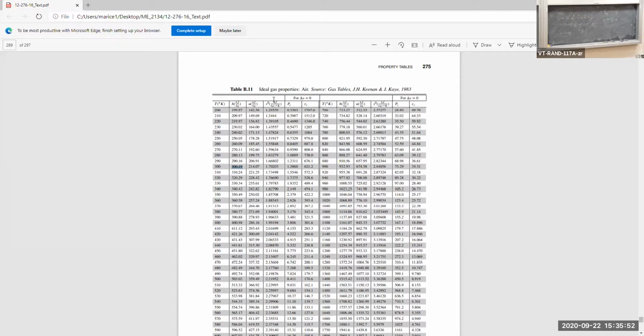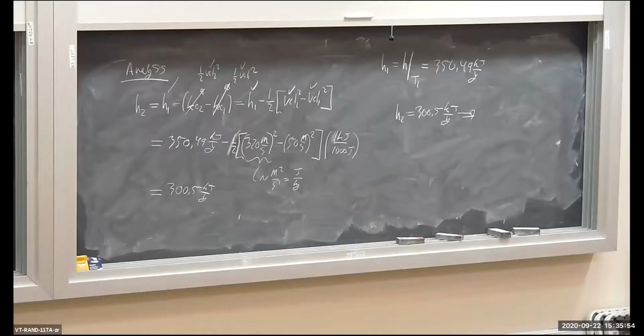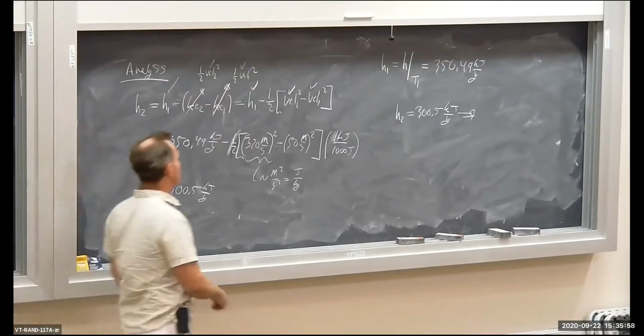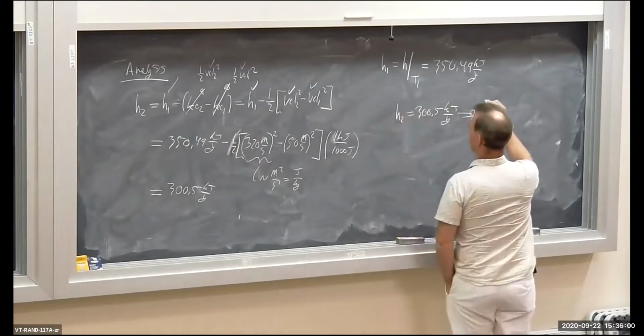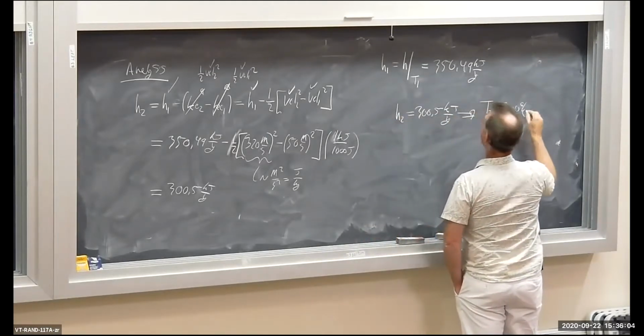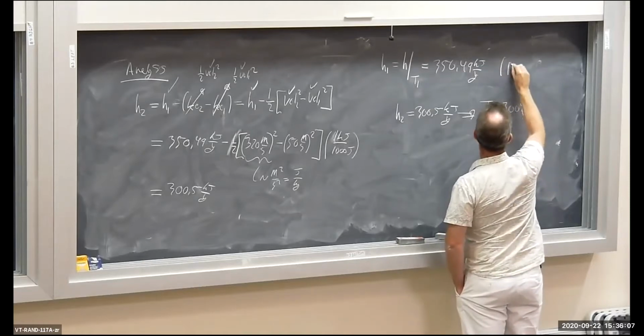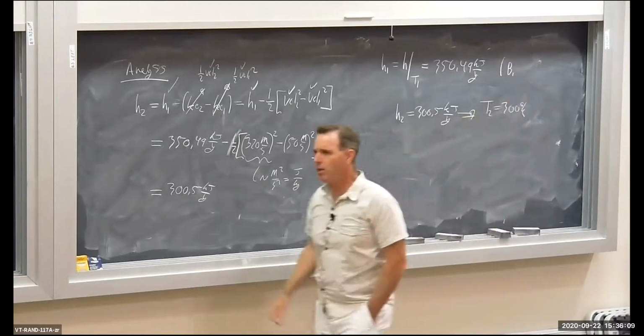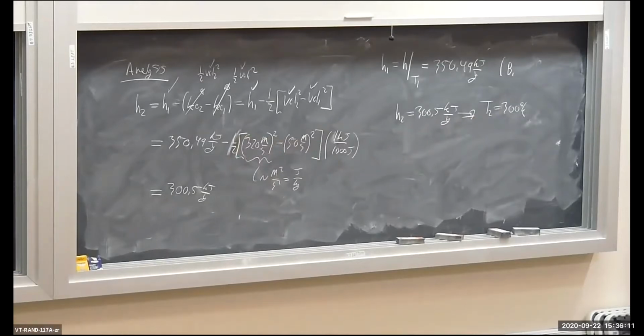So we have an outlet temperature of 300 degrees Kelvin from tables. So T2 is 300 degrees Kelvin. And all this is from the table, what is it? What's the air table? I don't know what it is. B11. B11.